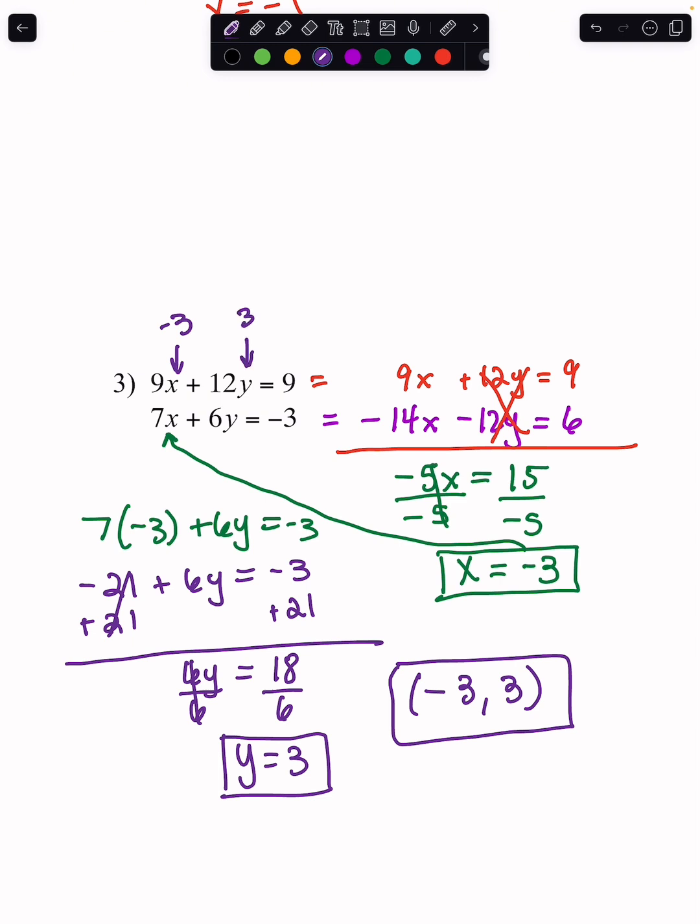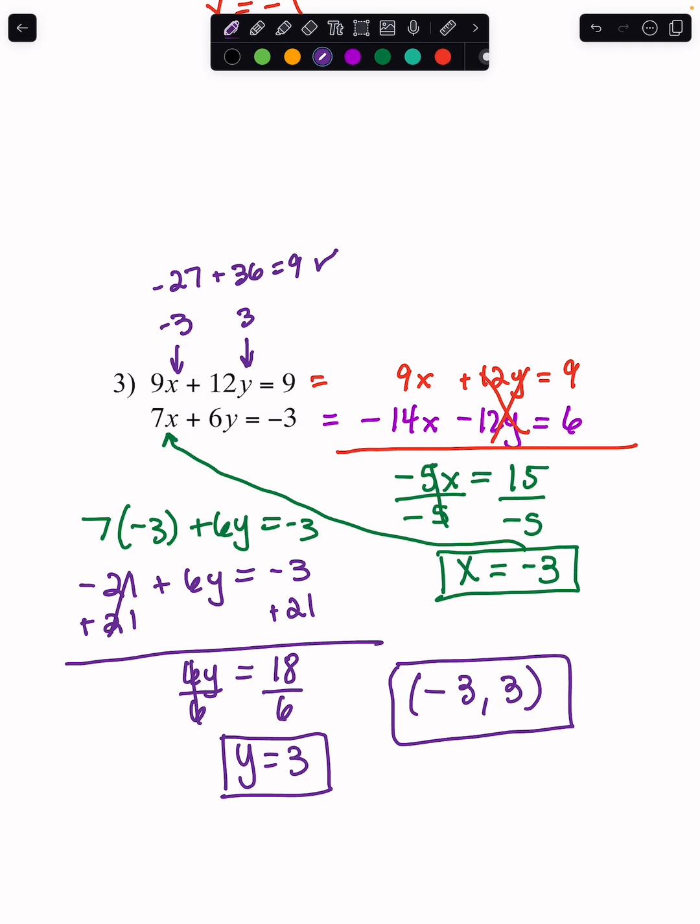Okay, so I got negative 27 plus, and then 3 times 12 is 36. That does equal 9. That's how you can tell. That's how you can go back and check. Plug it into the equation that you did not use, and that's how you know you did it right.